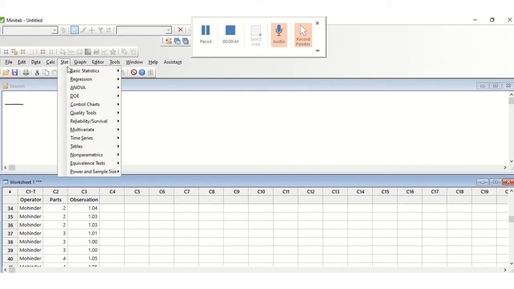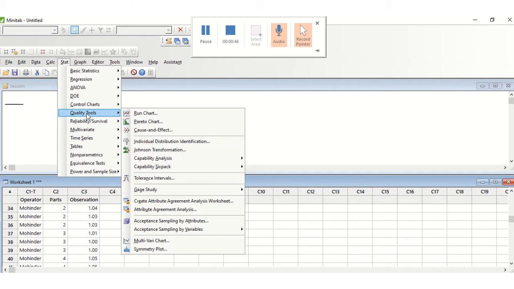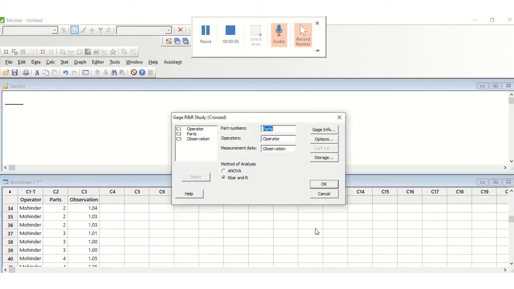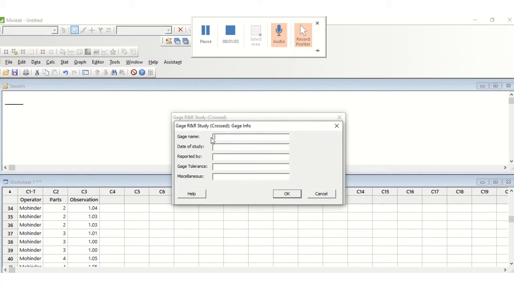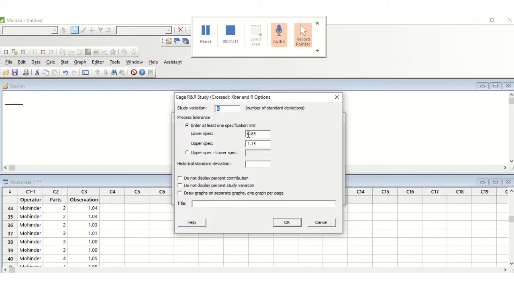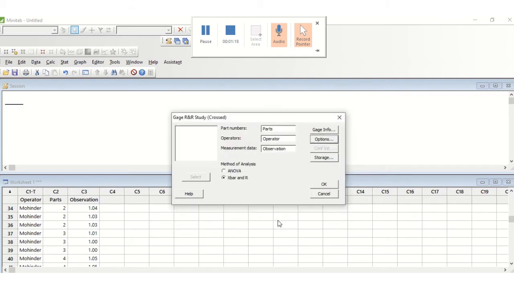Now we will see how we can do it using a gauge R&R study: Quality Tools, Gauge Study. Here you have to select Gauge R&R Study (Crossed). Here I have chosen X bar and R. In the gauge information you can put the gauge name, date of study, reported by, etc. In options, if you know the specification limits for the parts, you can enter the lower specification and upper specification.